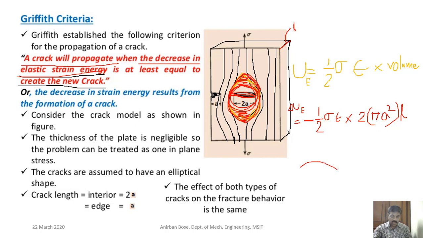But if there is a crack, you just observe, new surfaces are generating. This is one surface in the perpendicular direction, and another surface at the bottom. So to propagate the crack, surface energy is required because new surfaces are being produced.